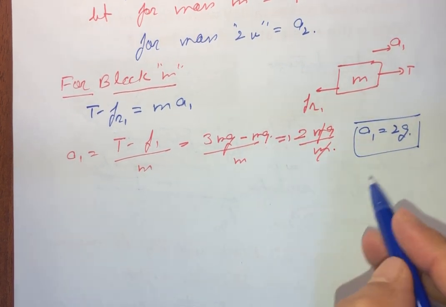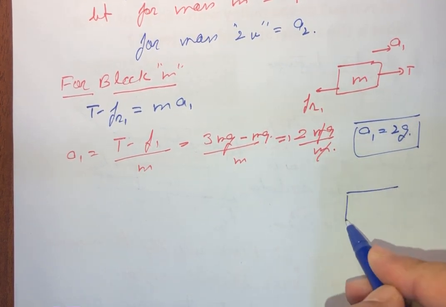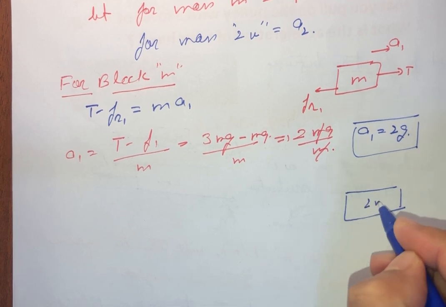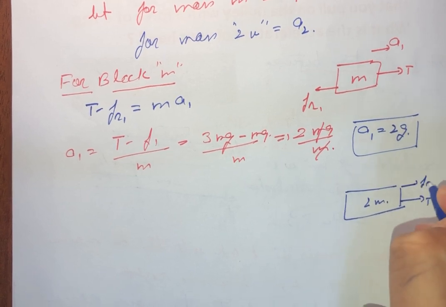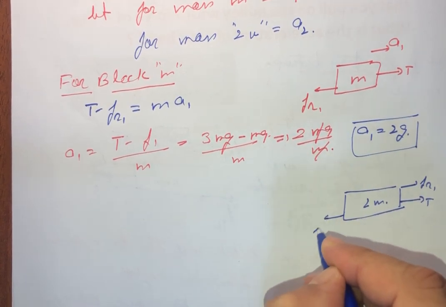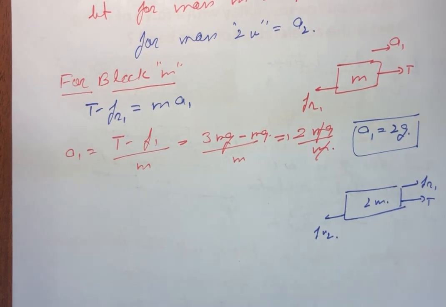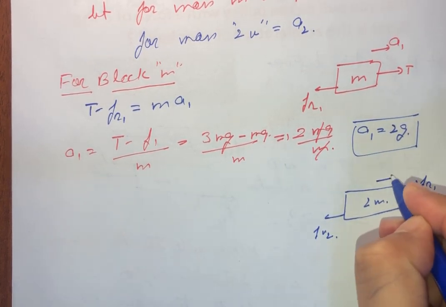And now let us draw the free body diagram for 2m. So this is tension T, FR1, we have FR2, and acceleration is given as A2.